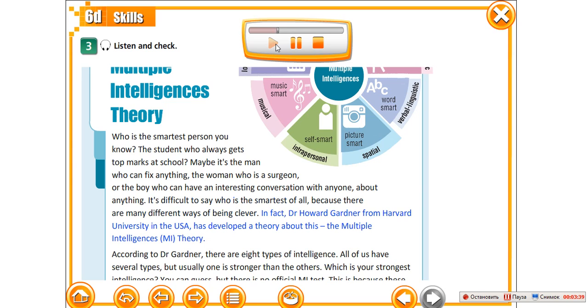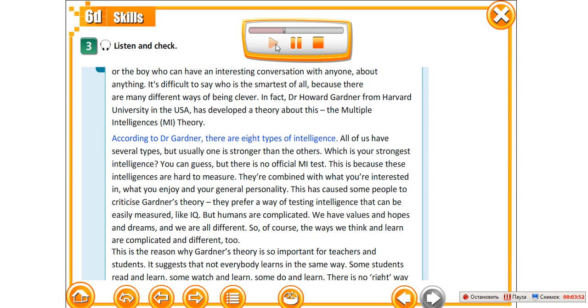In fact, Dr. Howard Gardner from Harvard University in the USA has developed a theory about this, the Multiple Intelligences MI theory. According to Dr. Gardner, there are 8 types of intelligence. All of us have several types, but usually one is stronger than the others.